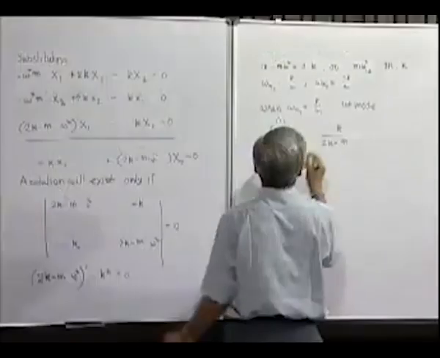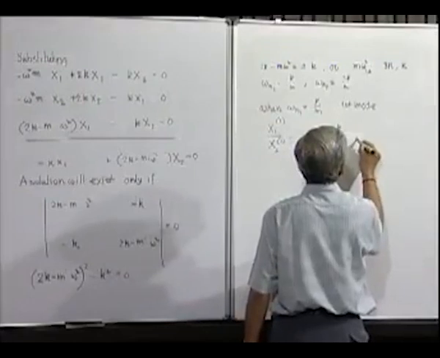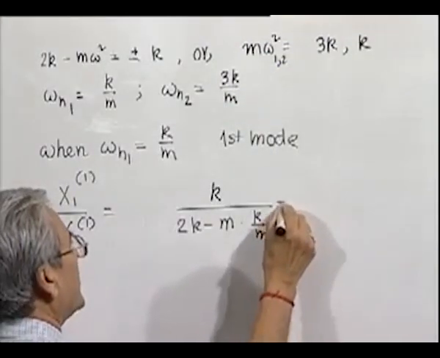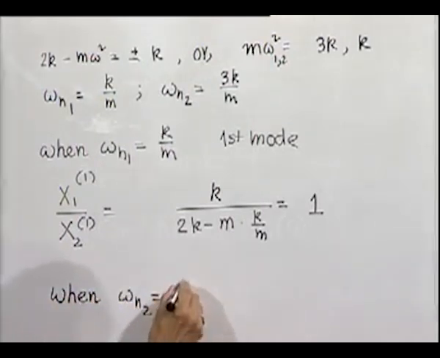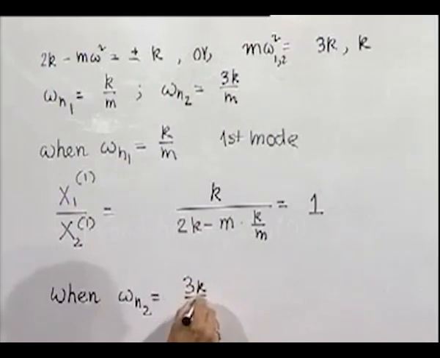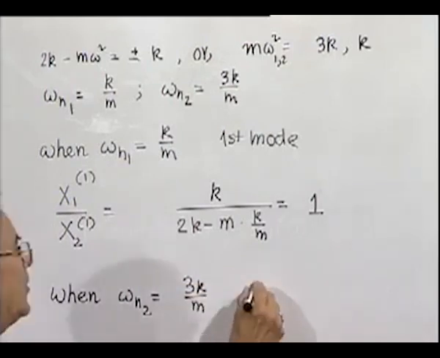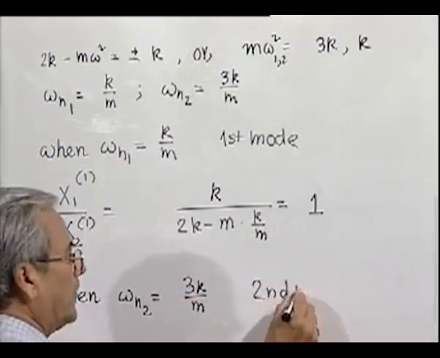From this equation we can get x1 in the first mode by x2 in the first mode equal to k divided by 2k minus m omega square. Now, this omega square will be k by m.